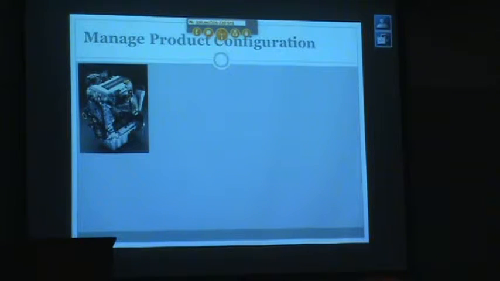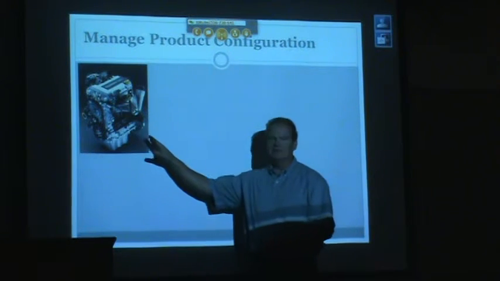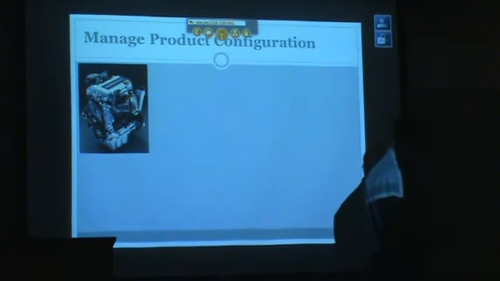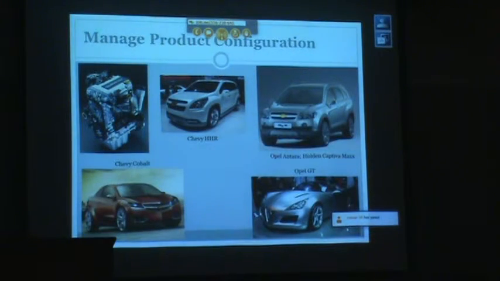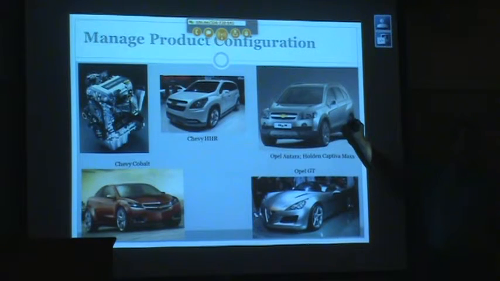So here's an example of what we mean by managing configurations. This is an example of an Ecotech engine. It happens to be a 2.0 Ecotech engine. What vehicles in the General Motors fleet use the Ecotech 2.0 engine? Well, here's a few of them. So Opel, which is in Germany, uses the Ecotech engine. The Opel GT, also Germany, uses it.